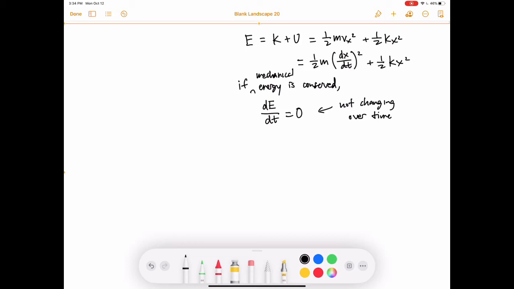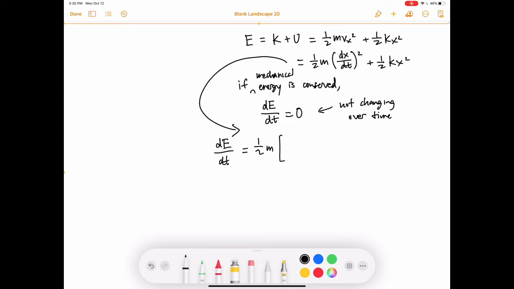Okay, if it's conserved, then the derivative of E with respect to time should be 0, is the idea. Okay, well, how about we take this expression for the total energy, and take its derivative with respect to time. So we have to be a little bit careful in how we do this. So in my first term, I'm going to have 1/2. So if we're taking the derivative of E with respect to time, my first term is 1/2 times m.